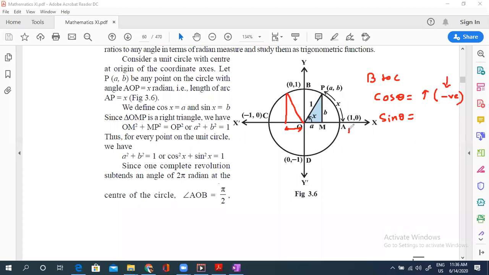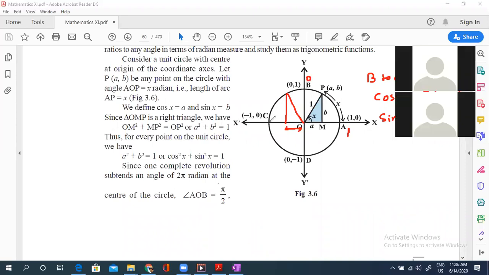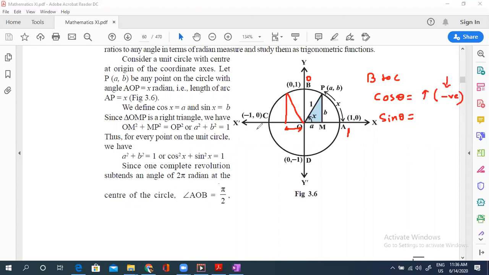At B, the base is 0, so cos theta will be 0. Then at point C, the base is equal to the hypotenuse, but it is on the negative x-axis, so it is -1. See, x is -1.